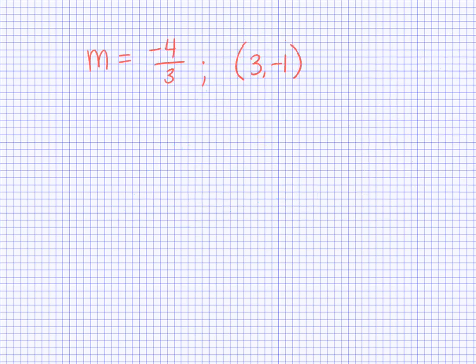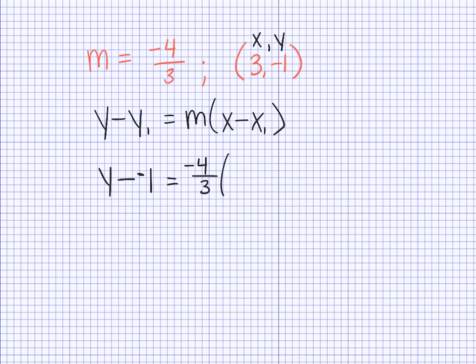This time our slope is -4/3, and the point we have to go through is 3, -1, so we want to write the equation of that in point slope form. So again, here's our point slope form. And I'm just going to plug in numbers where they go. Okay, so y minus, well, y is a -1 equals, my slope is -4/3, and then x minus, your x coordinate is 3.